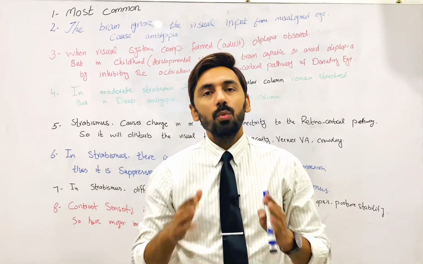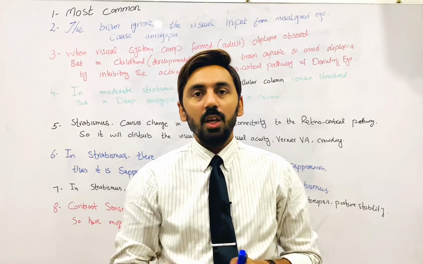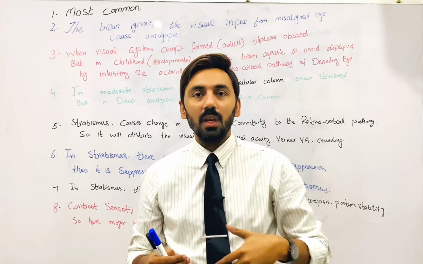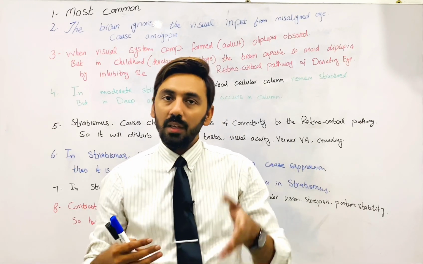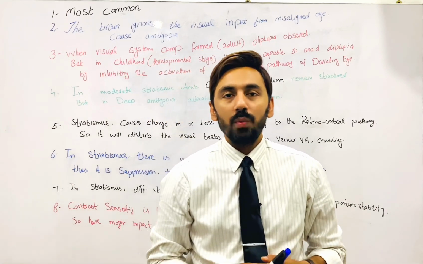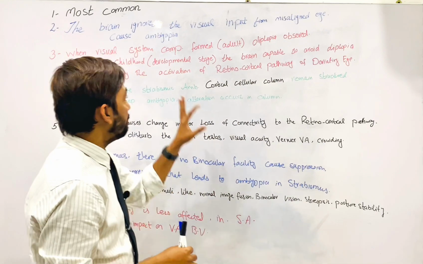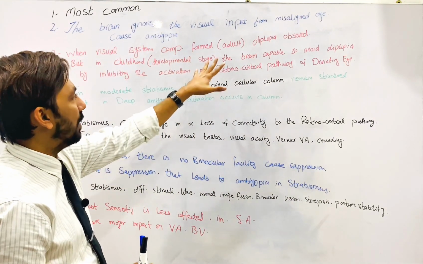If you ignore your partner, he or she will ignore you. If you love someone, the love will return towards you, and if you ignore someone, he will ignore you. This is a formal example, right? I have nothing to do with those things. So he is saying that the brain will ignore the visual input from the misaligned eye, right?